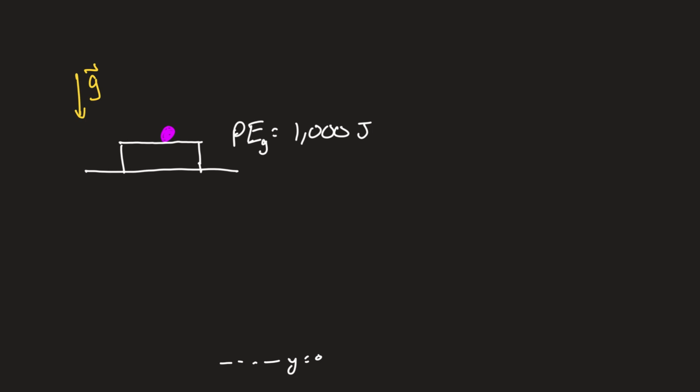The other thing to watch out for here is when you do calculate the gravitational potential energy of an object, like for example, let's say you're on an inclined plane or something, and you've got a ball right here, and you know that this has a height h to it right here.